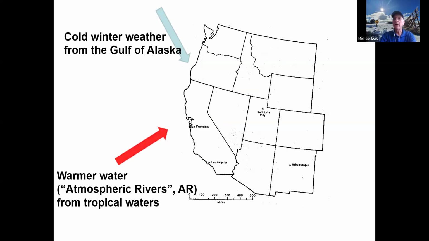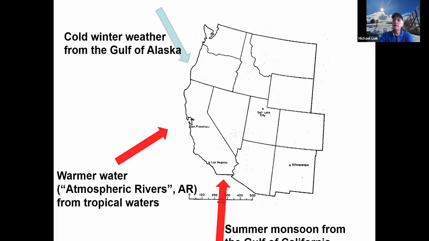And as we know nowadays, these systems in ocean currents interact with the tropical waters and can result in warmer waters being entrained into atmospheric rivers that deluge California at times. For certain parts of the state, the summer monsoon is important for bringing rainfall, particularly our eastern deserts.